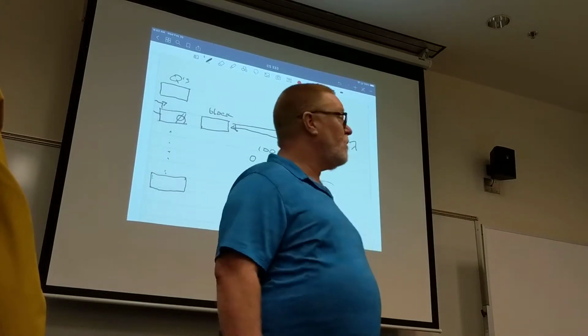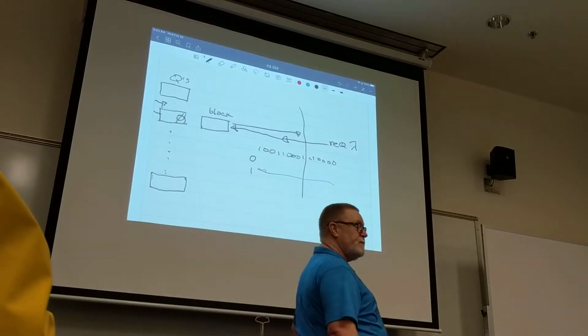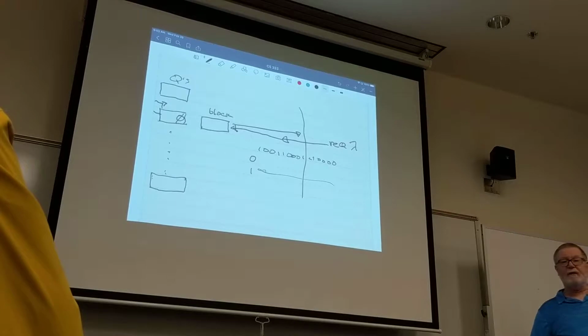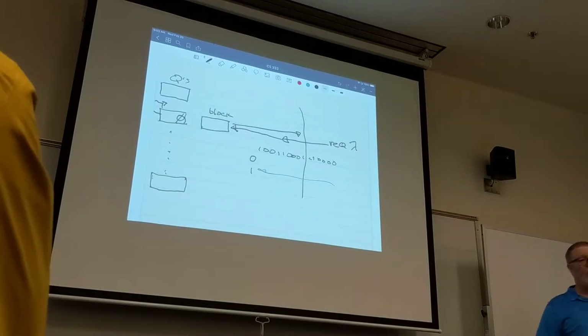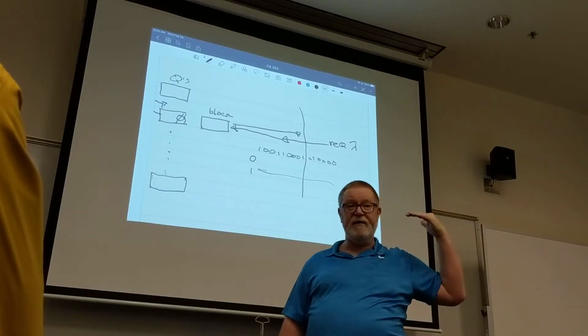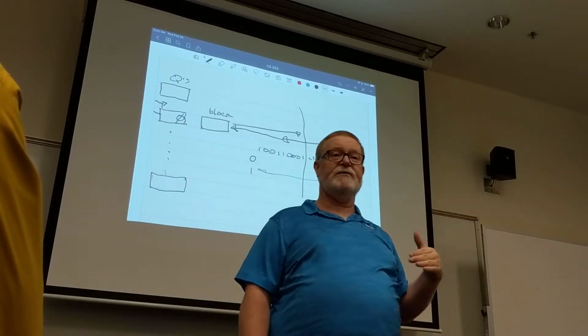So any one queue just has to be prepared to either hand one of their blocks down to the next lower queue, or request a block from the next higher queue. So the queues themselves are very, very simple in terms of their management.